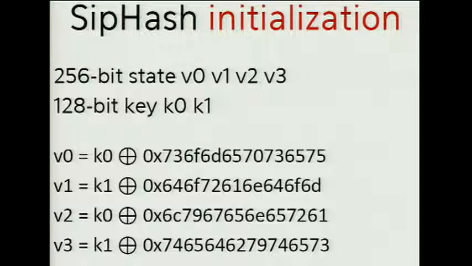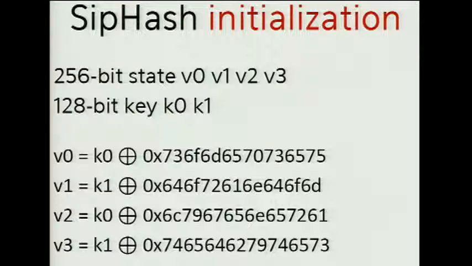So I will try to present to you how SipHash works. We try to make it simple, and maybe you have implemented AES and you know that AES is a very nice cipher, but you need to know about polynomials and finite fields, this kind of complicated objects. So we try to make it as simple and as easy to understand as possible. We just use a simple state composed of four 64-bit words, v0, v1, v2, and v3.